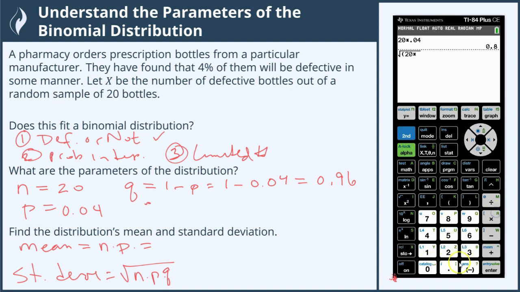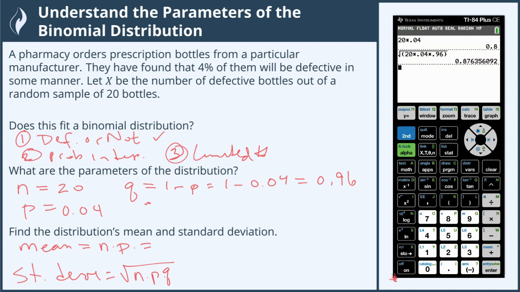And then our standard deviation is just the square root of 20 times 0.04 times 0.96, which tells us the average distance for each value is 0.8764 if we round to 4 decimals.